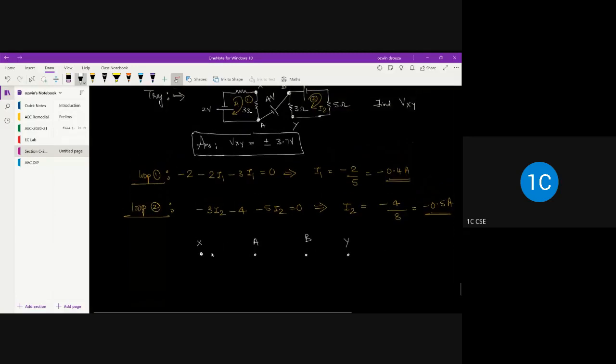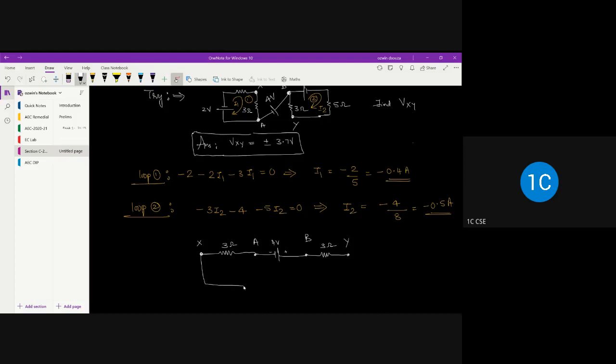Between X and A, you have a 3 ohm resistor, and then you have a battery with the designated polarity. And then between B and Y, you have a third 3 ohm resistor.